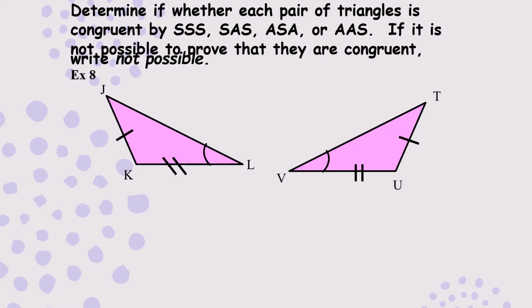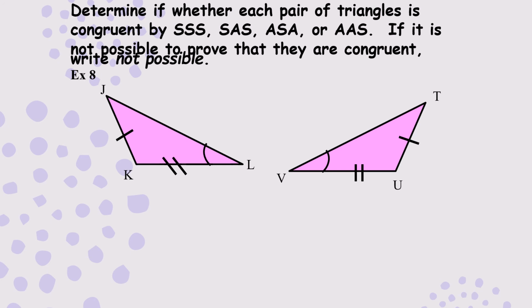The next question, determine whether each pair of triangles is congruent by side, side, side, side, angle, side, angle, side, angle or AAS. If it is not possible to prove that they are congruent, write not possible.